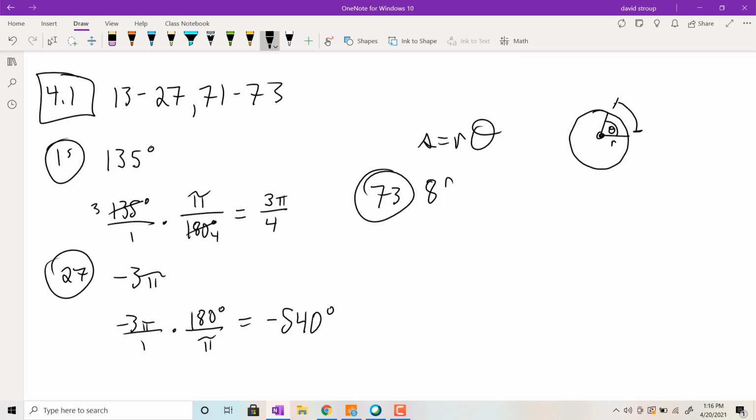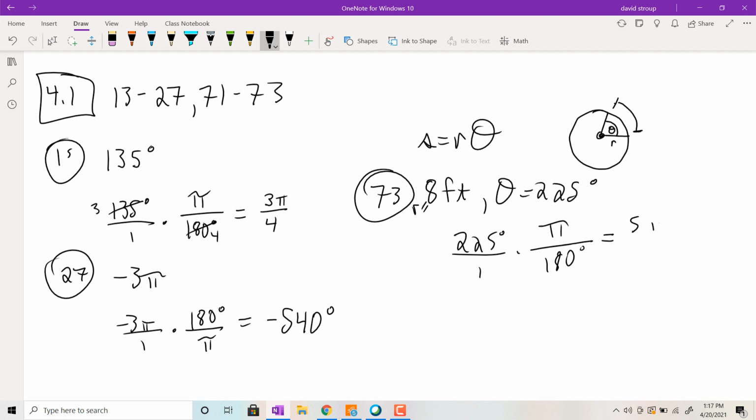So in number 73, they give you the radius is 8 feet. And then they tell you theta is 225. So they're trying to trick you here. You need to convert the 225 degrees into radians. There's 180 degrees in pi radians, and if you do that in your calculator, you get 5 pi over 4.